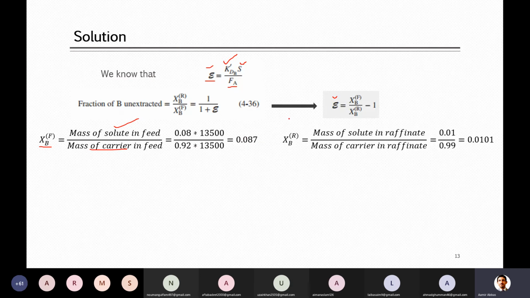Other is the mass ratio of B in the raffinate side, the mass flow rate of the solute in the raffinate to the mass flow rate of the carrier in the raffinate. So here the problem is you don't have the mass flow rate, but you have the ratios, because he told you that 1% of the raffinate is acetic acid, and 99% will be water, but we don't know the exact amount.